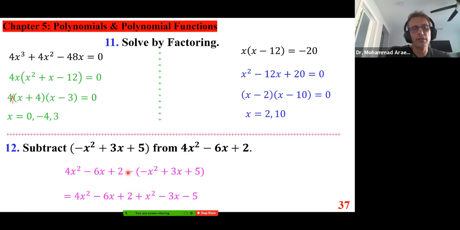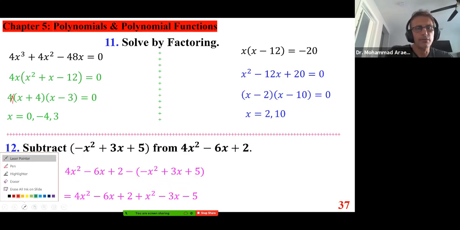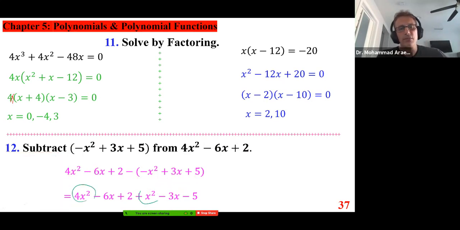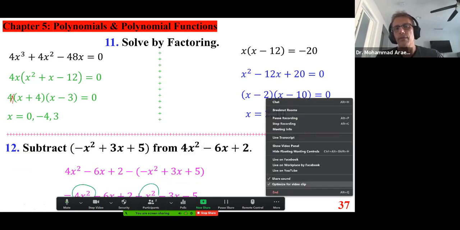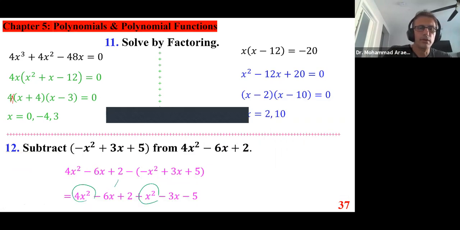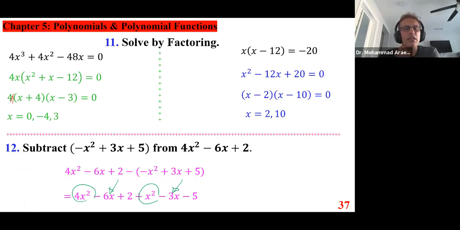Positive x squared minus 3x minus 5 put together, 4x squared and x squared as 5x squared. Minus 6x and minus 3x, they add up to negative 9x, and the numbers, they add up to negative 3, and that's the final answer.